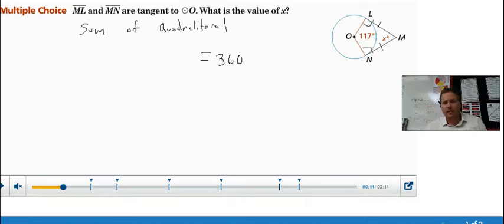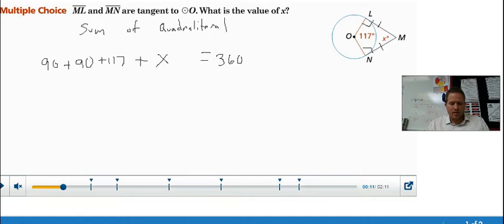So I have 90 and 90, and it told me that this angle right here was 117. We don't know what that other angle is, that's going to be x. Then I add all these together.